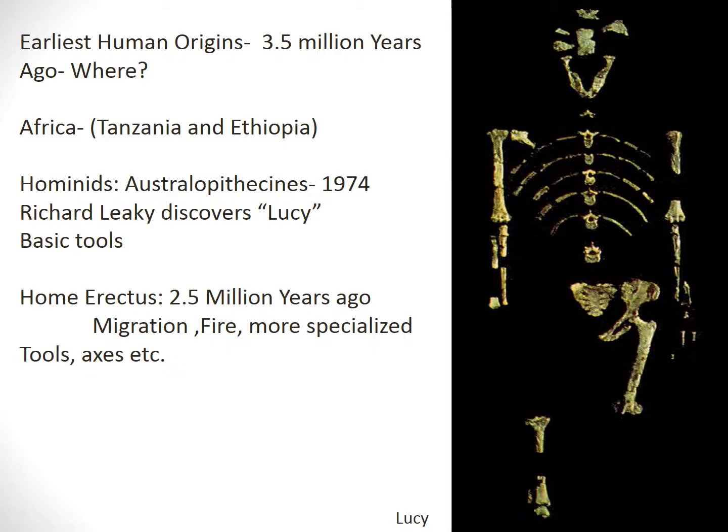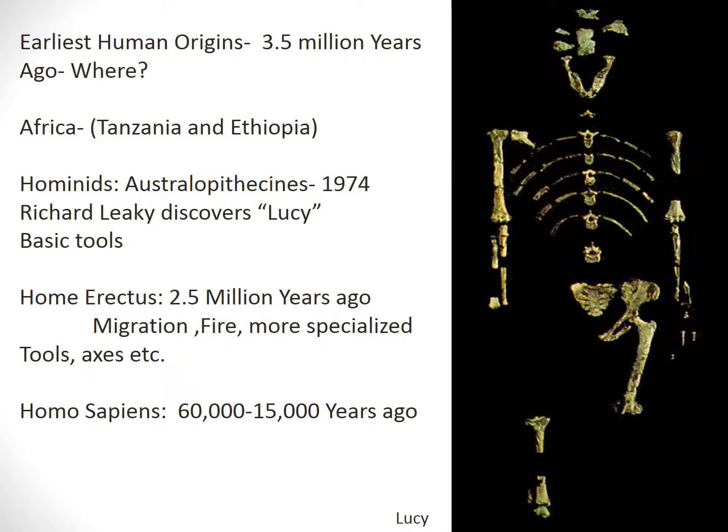With Lucy's remains, we've found evidence of basic tool development. Over time, we see the development of human migrations and the usage of fire. You find evidence for the usage of fire with, for example, carbon remains with human remains, more specialized tools, axes, these types of things. And you might be interested to know that these types of discoveries continue to this day.